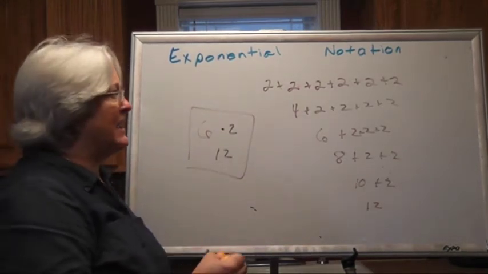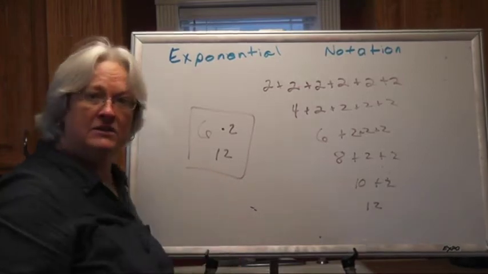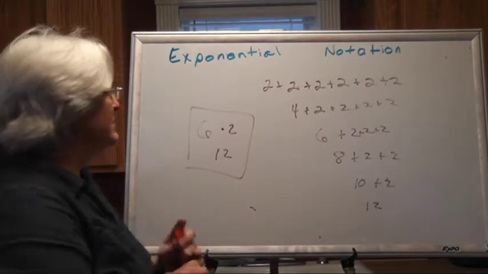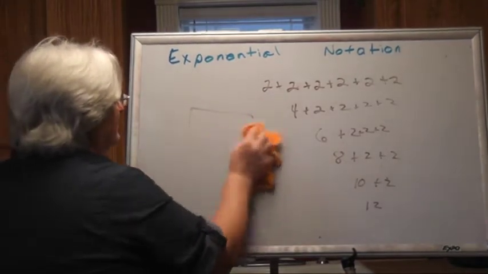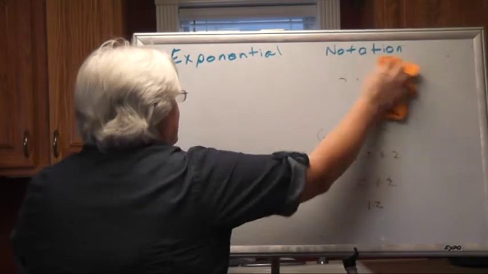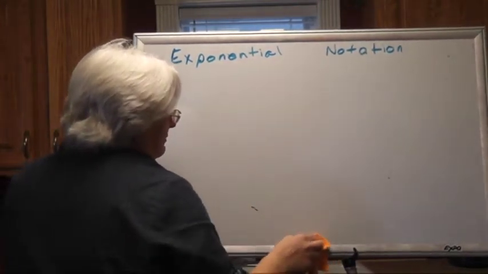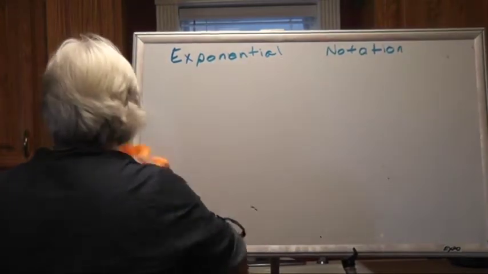So just as multiplication is a short form or a quick way of doing repeated addition, exponential notation is a fast way of doing repeated multiplication.